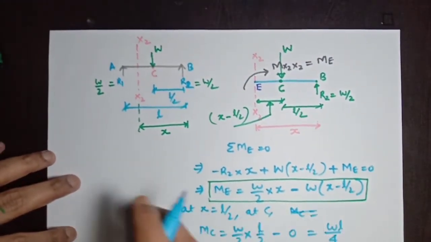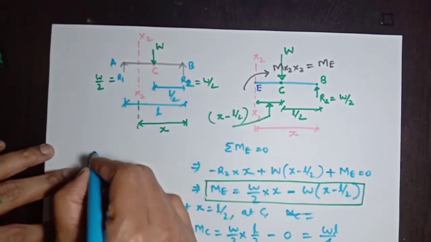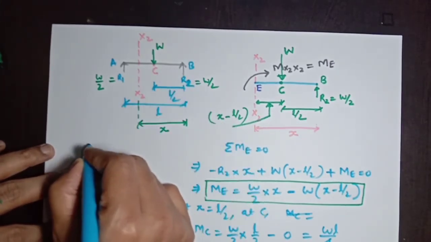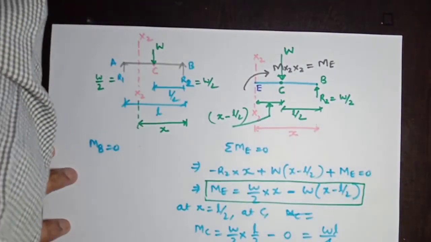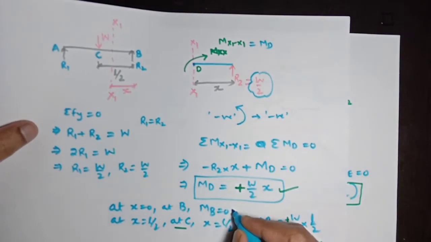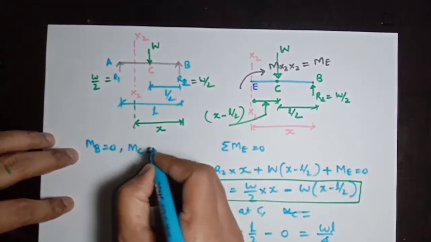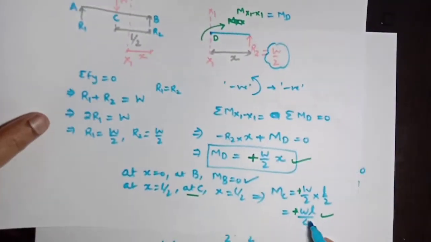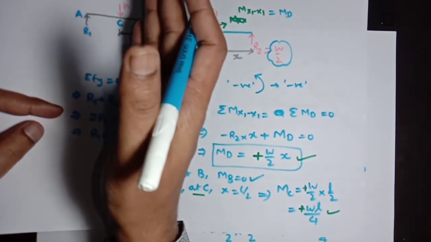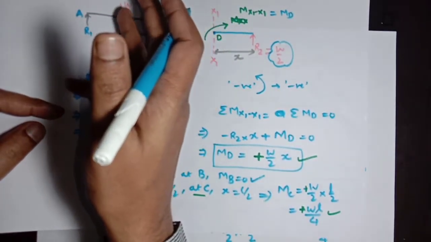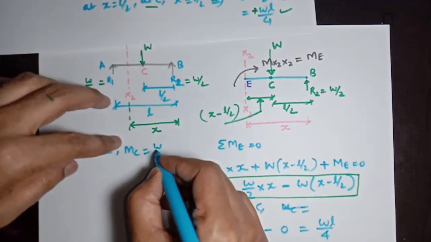So moment at A will be 0. We can summarize here: the bending moment at B, MB, will be 0 from the expression which I have calculated here, and MC is WL by 4. When we take a general section to the right of point C, it has been calculated as WL by 4.